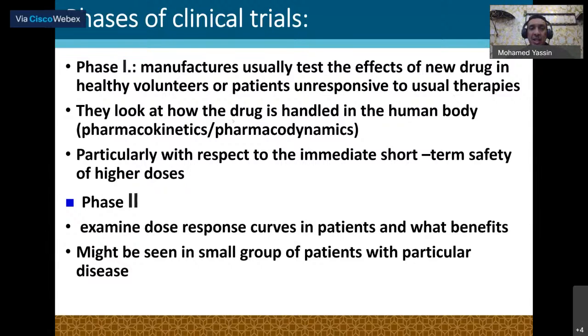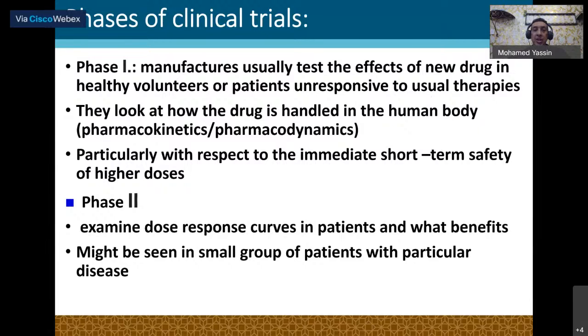And usually they are looking here for pharmacokinetics and pharmacodynamics. It means they are looking at how the drug is handled in the human body and how it is metabolized and eliminated.